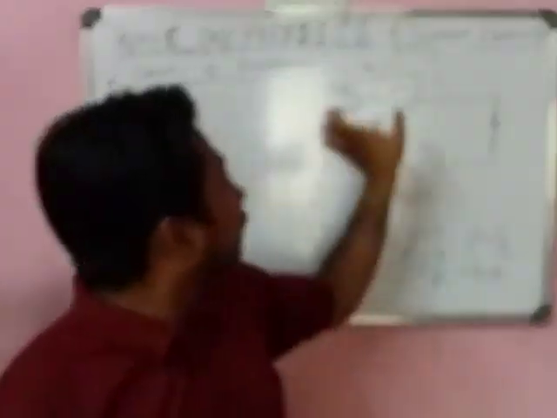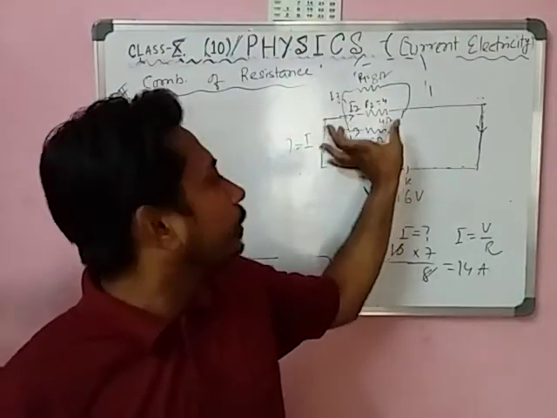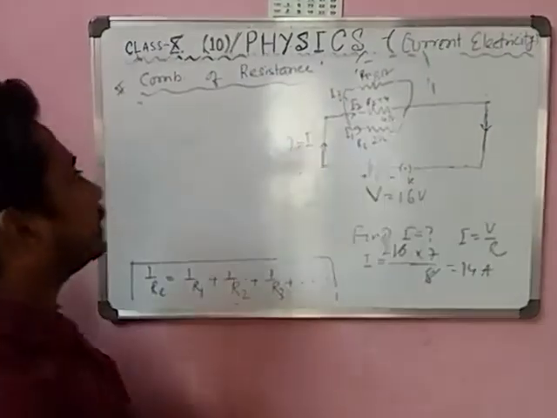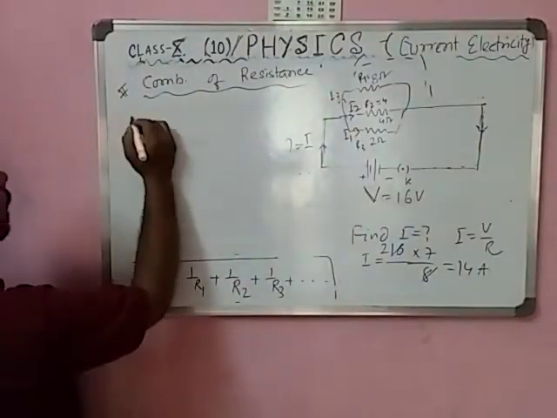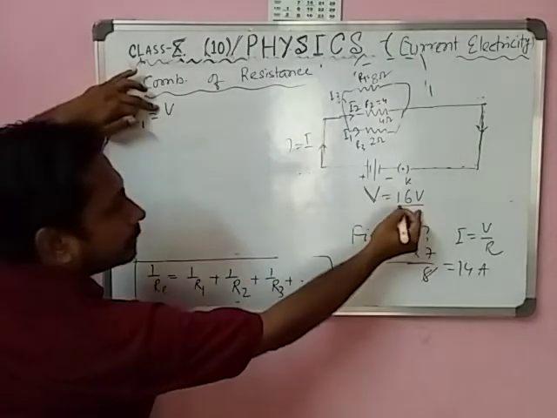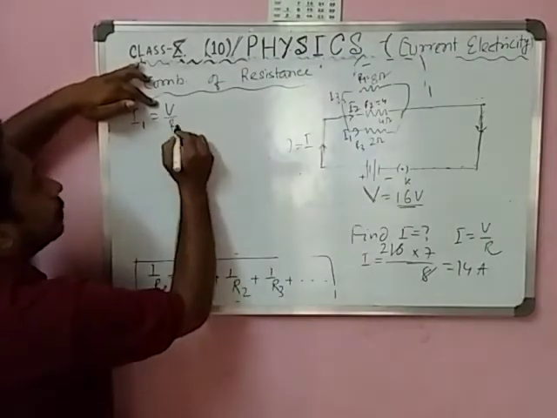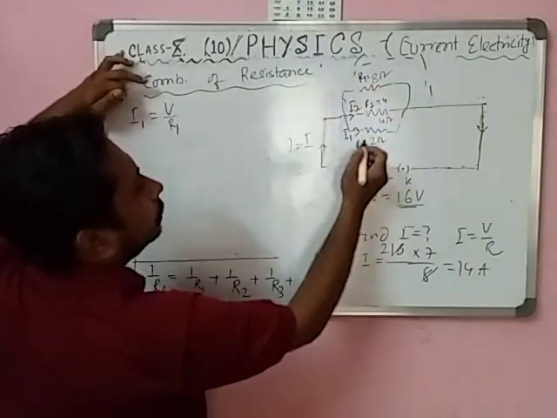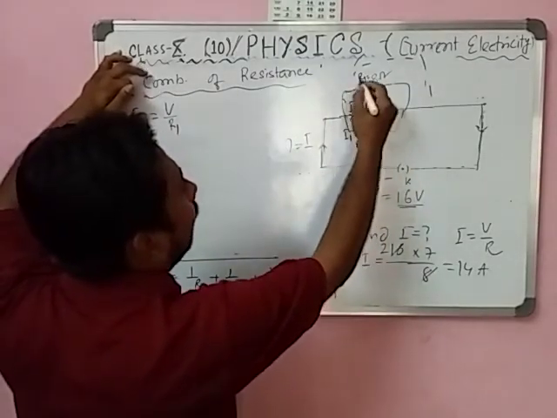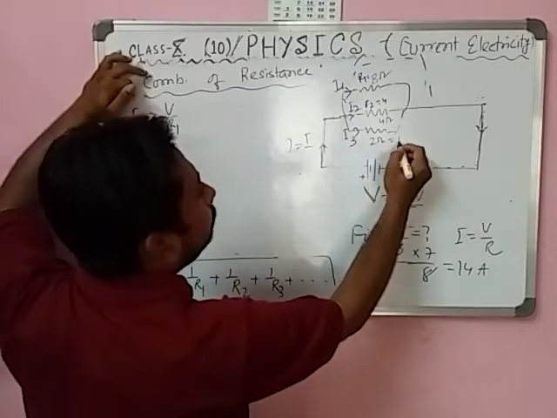This R1 is getting 16 volt, this is also getting 16 volt, this is also getting 16 volt. So what about I1? Voltage is the same, 16, and in place of resistance we write R1. Suppose this is R1 with I1, this is I2, and this is I3, for R3.